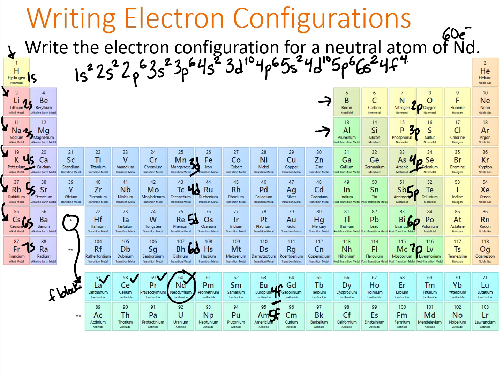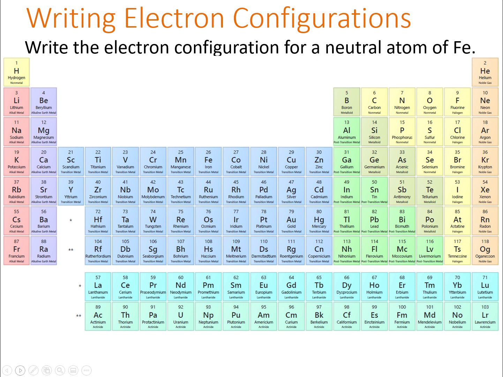Okay. Now I want you to try one on your own. Won't be as long as this. I want you to write the configuration for a neutral atom of iron. I'll do a little labeling for you.